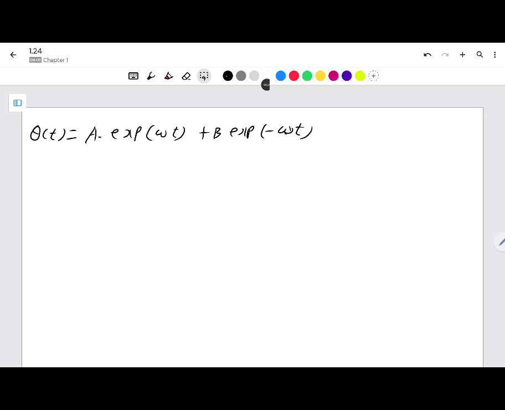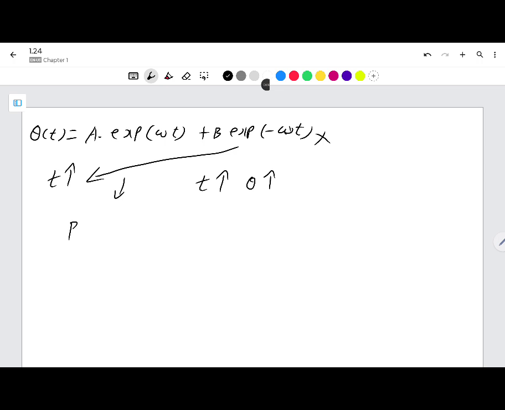Okay, so as time goes up, this part decreases. But we know that as time goes up, the angular displacement will increase and not decrease.